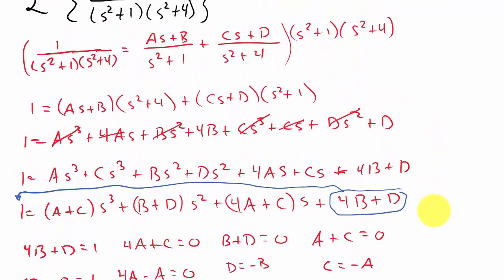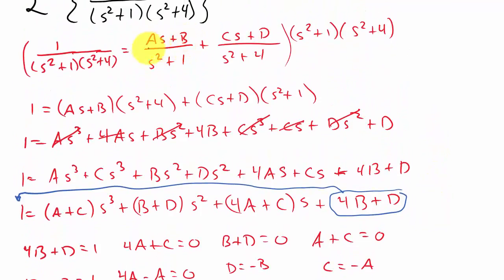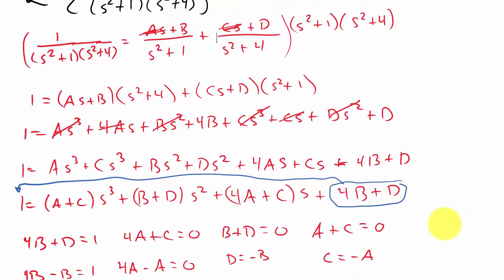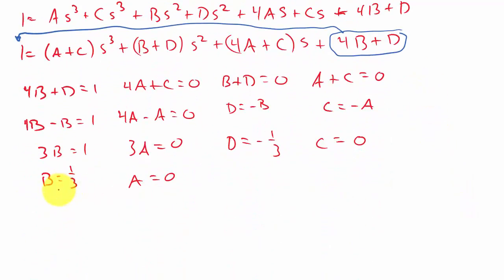So I'm going to plug those back into this. Since A and C are 0, these are going to go out. And so I'd be plugging in B and D. Of course, B is 1/3, D is negative 1/3. So let's plug those in.